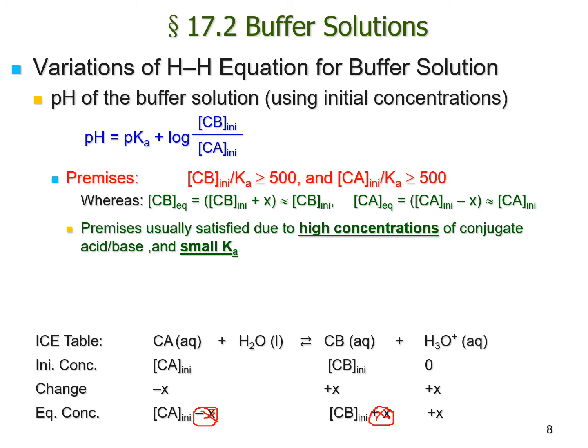If that is true, that turns the HH equation into this way. Why is this version of the HH equation so important? Because it uses the initial concentration. That means we do not have to calculate equilibrium concentration anymore for a buffer solution.